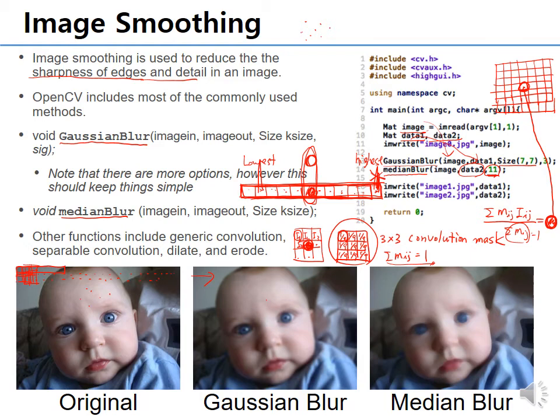So this is image 2.jpg. By applying Gaussian blur and median blur, we can create a new image without the noises.